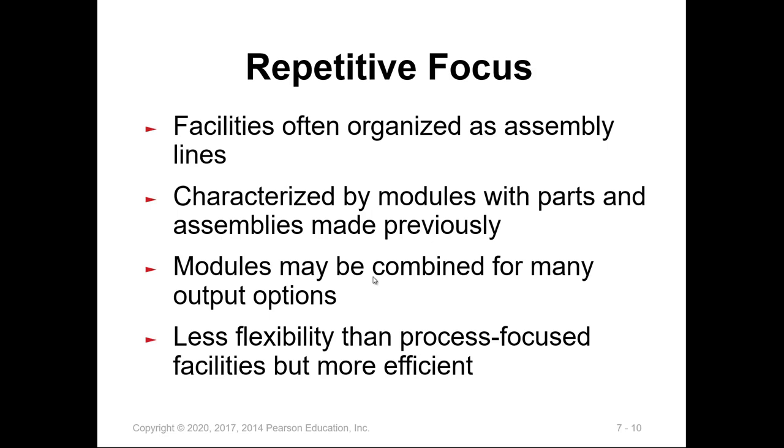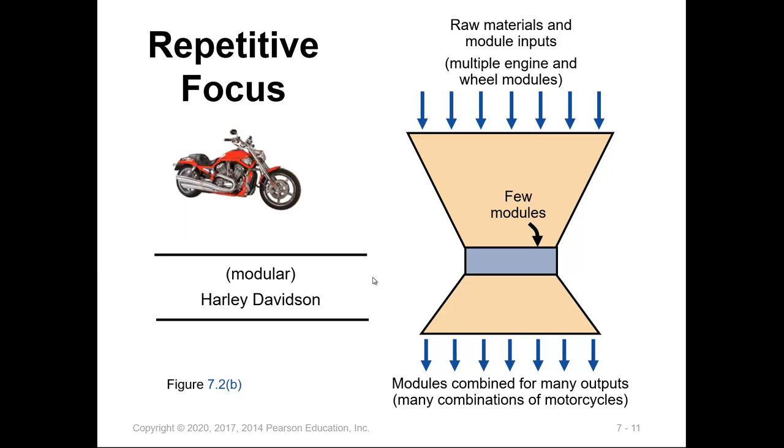For a repetitive focus strategy, facilities are often organized as assembly lines, characterized by modules with parts and assemblies made previously. Modules may be combined for many output options. Less flexibility than process-focused facilities, but more efficient. This figure shows repetitive focus, which is repeating processes using modules, where you have different module inputs that are being assembled into a few modules, and those modules will be combined for many output options.